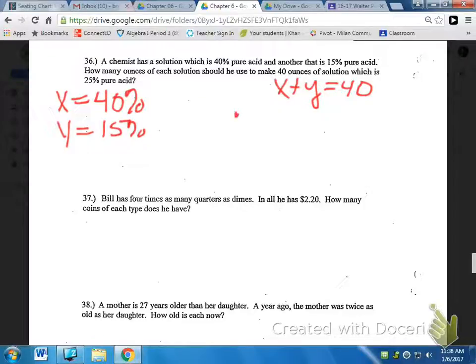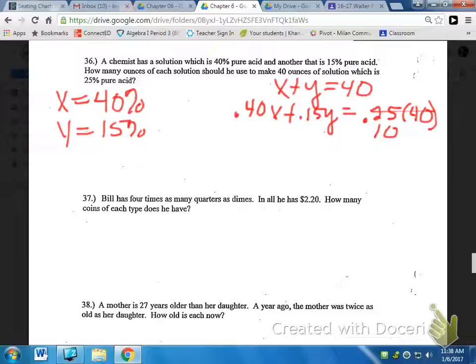So 40% x plus 15% y. Here's where you cannot forget to put the 40 in there. What percent is the mixture, Jared? 25. So 25% of 40. Don't forget that you've already got that amount. So the 25% of 40 really is just 10.